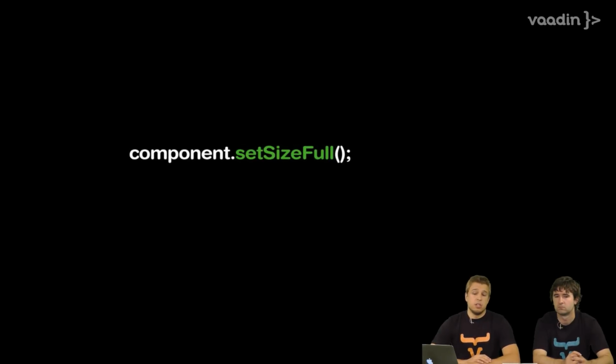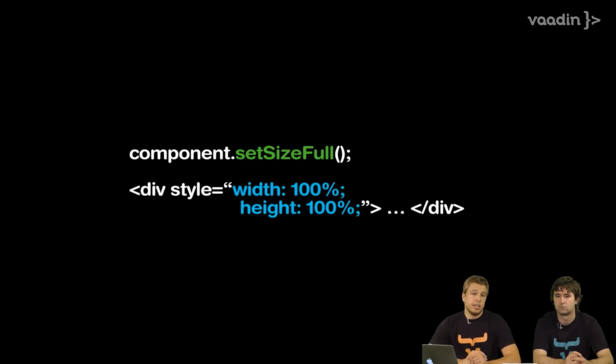When you set the size full, the outcome will of course be the corresponding inline style of width and height both being 100% size. And this is of course layout dependent, so that, as we explained with the box model, the 100% is always calculated from the actual parent component area.